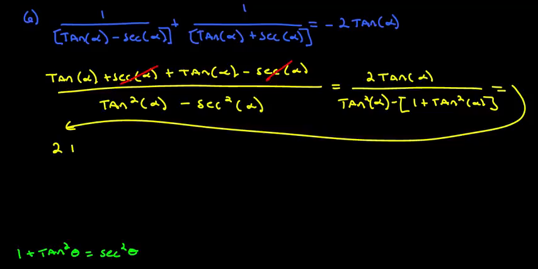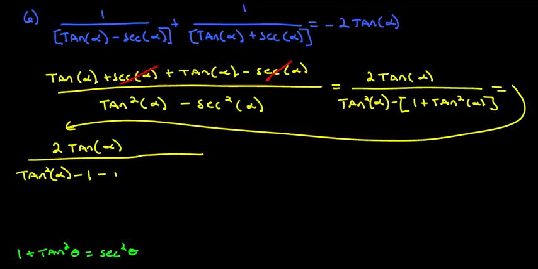So this is going to be 2 tangent alpha over. Now when I distribute this, I'll write it all out for you here. It's going to be the tangent squared of alpha minus 1 minus the tangent squared alpha. This guy is going to cancel with this guy. And I'm going to get 2 tangent alpha over negative 1.